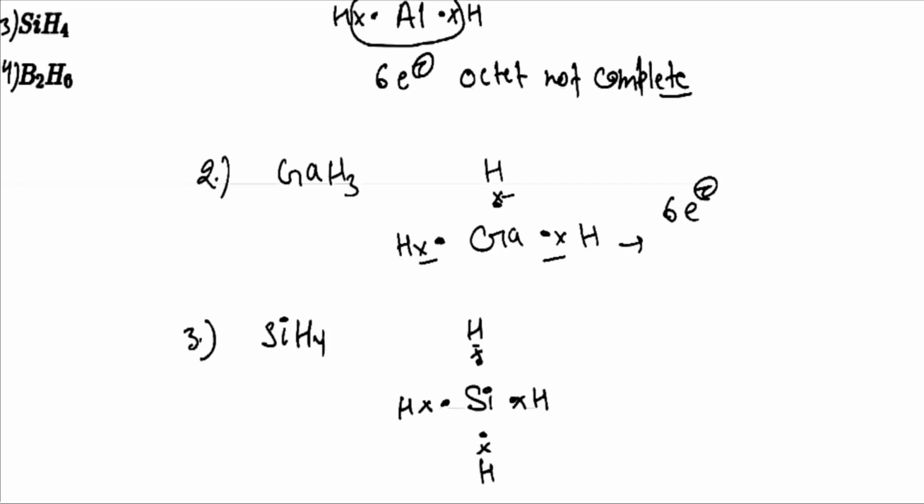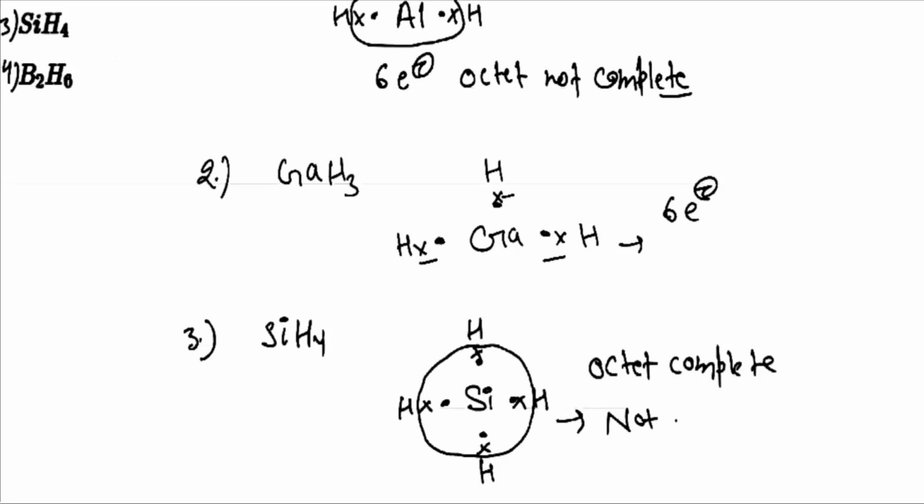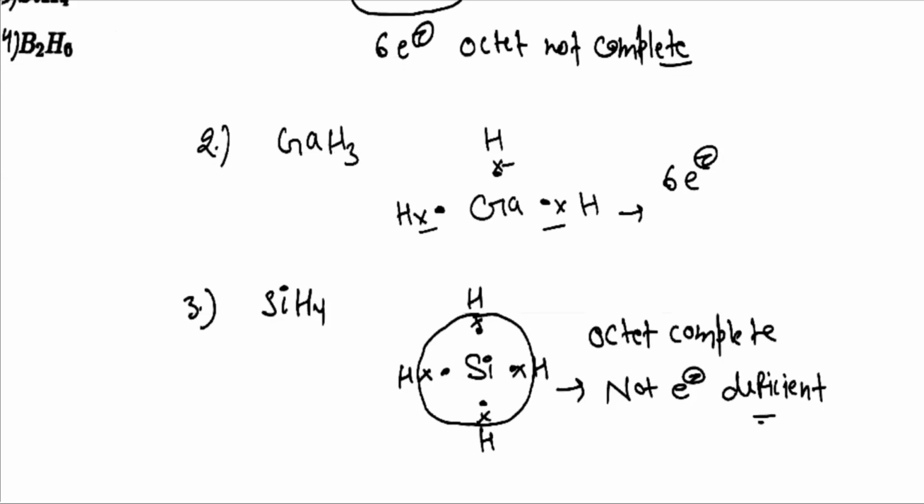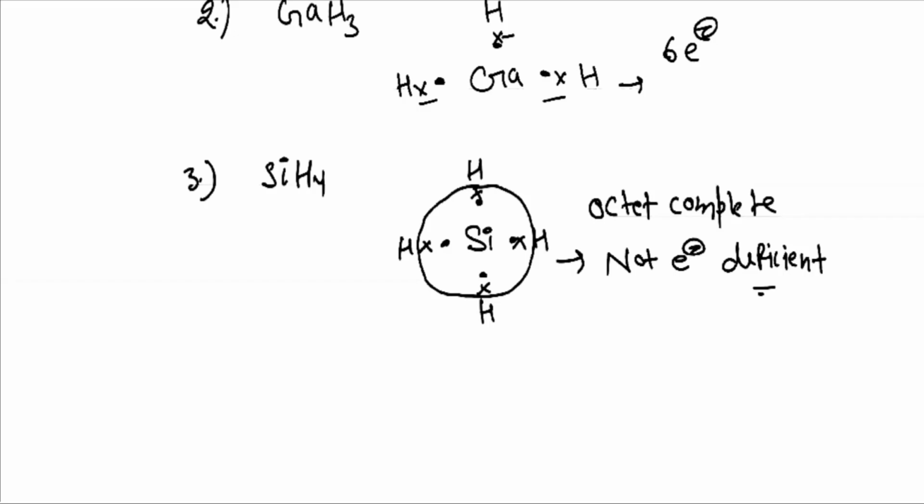As you can see here, there are a total of 8 electrons around the silicon, which means the octet is complete. So it is not an electron deficient species.